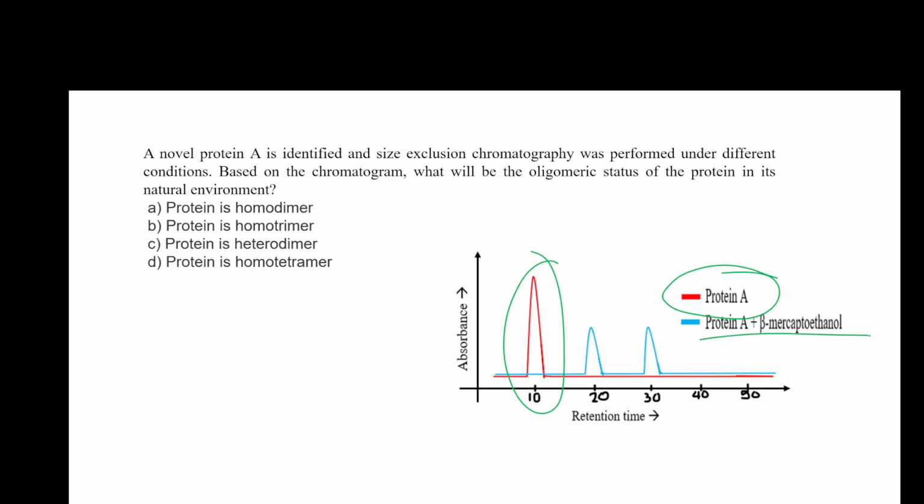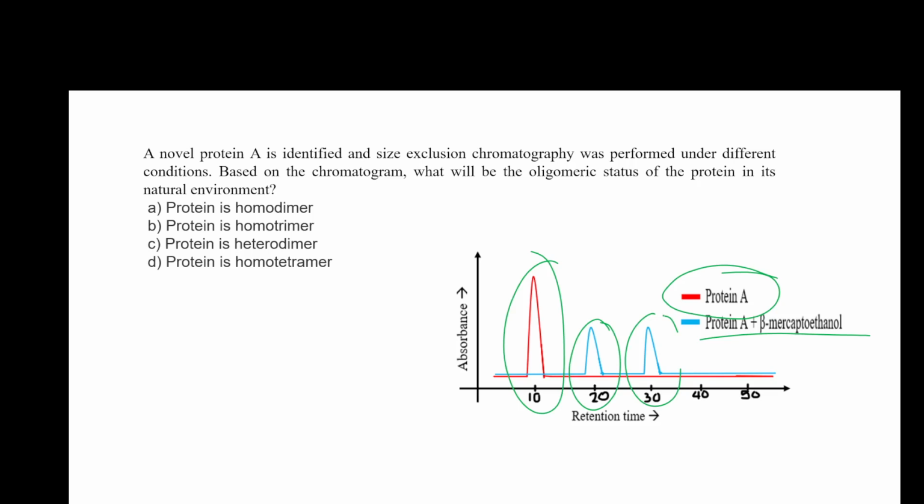Beta mercaptoethanol, what it does, it breaks the disulfide bonds between the proteins. Okay, so here you can see this peak is not coming in the blue sample. Another peak is coming. One came and followed by another.